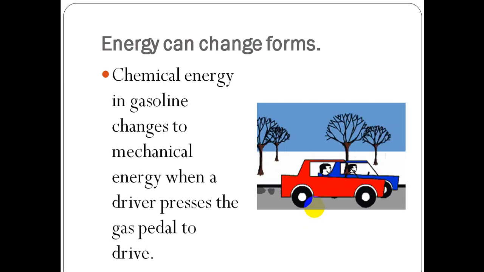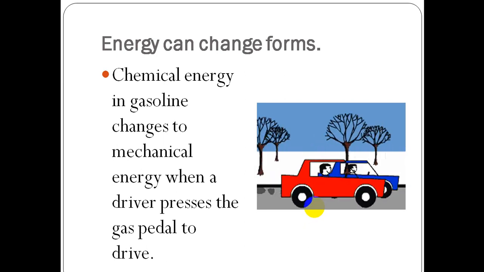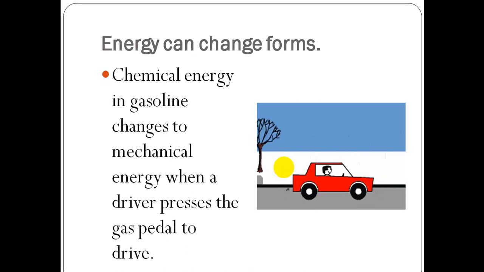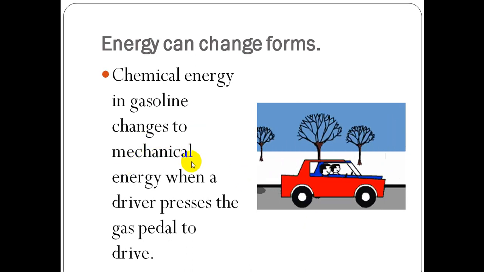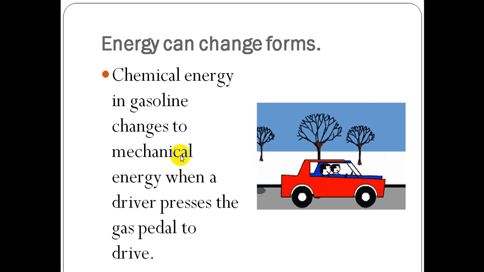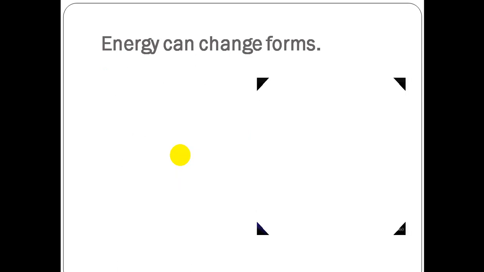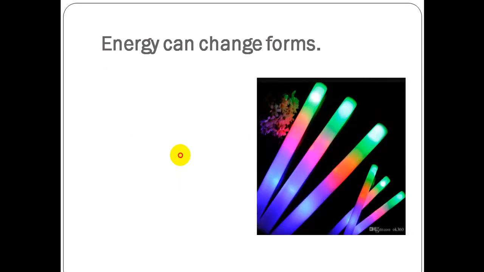So the chemical energy, because of the gasoline, changes to this mechanical energy. Again, the mechanical energy is the total sum of both kinetic and potential energy. So it's another change. Let's move to another one.